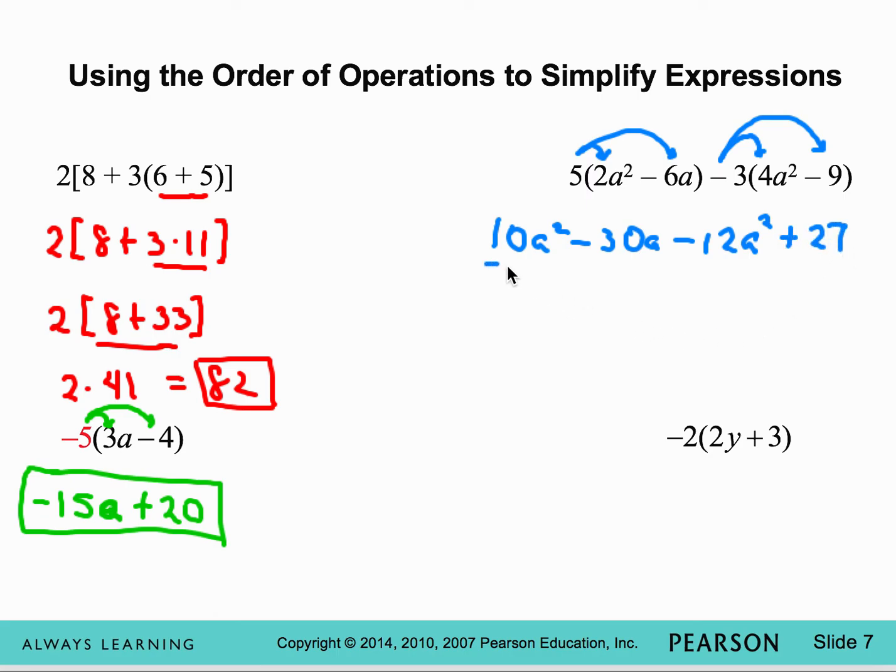Okay, now here's an a squared and here's an a squared, so I can combine those. 10 a squareds, take away 12 of them, would give me negative 2 of those a squared things. Okay, I don't have another one that's just an a, so it has to stay. And I don't have another constant, so it also will stay as is.